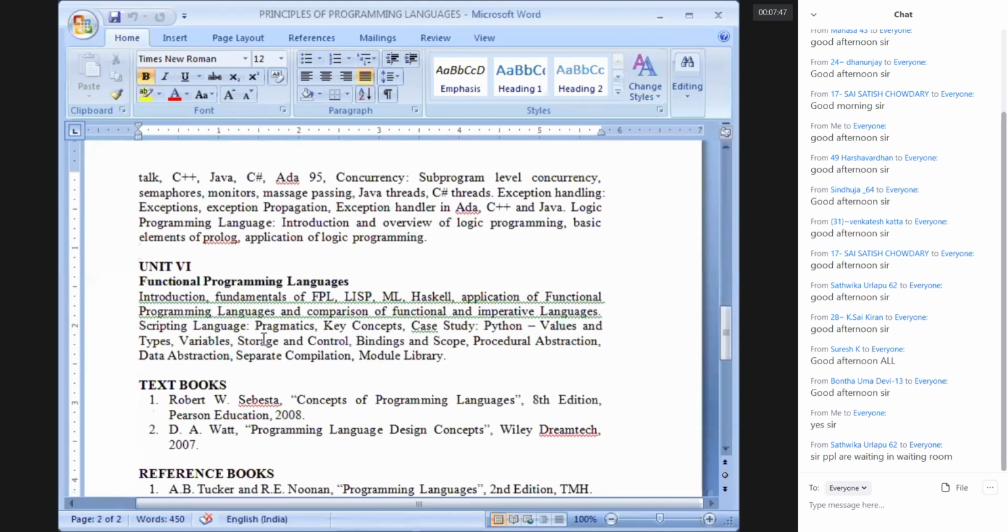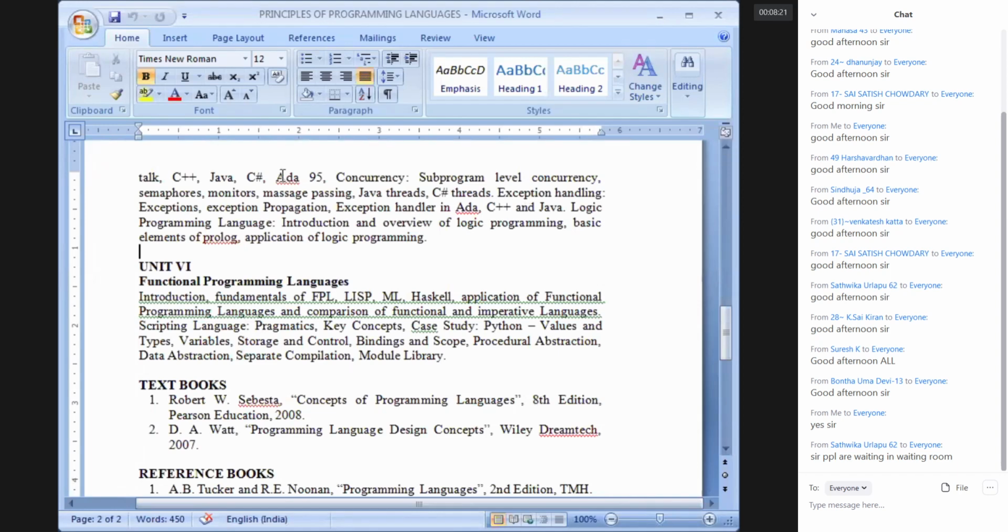Ada is the programming language named after a scientist who designed programming languages. The father of the computer is Babbage, and the mother of programming languages is Ada.